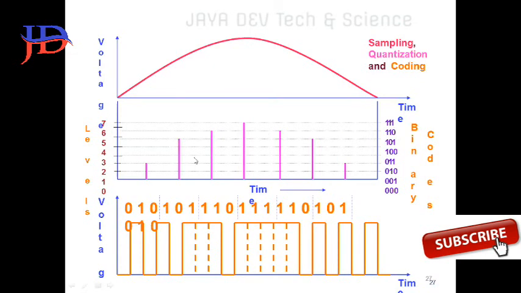Here for quantization we use levels 0 to 7, for example 2 power 3 input values.